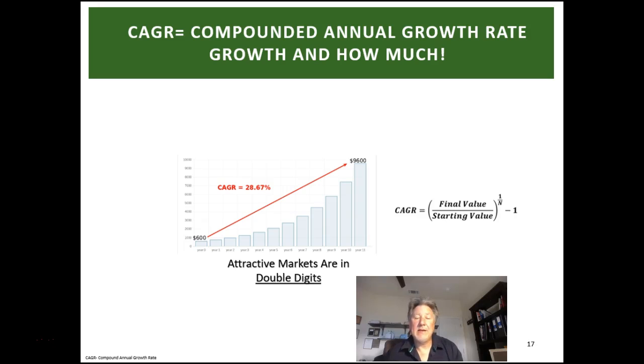If you have multiple periods, you add them in there, and that becomes a factor that you calculate, and then you subtract 1, because the final number always comes out as 1 point something. By subtracting out 1, it gives you the actual growth rate. So this is a valuable tool to identify whether the market is flat, declining, or growing.